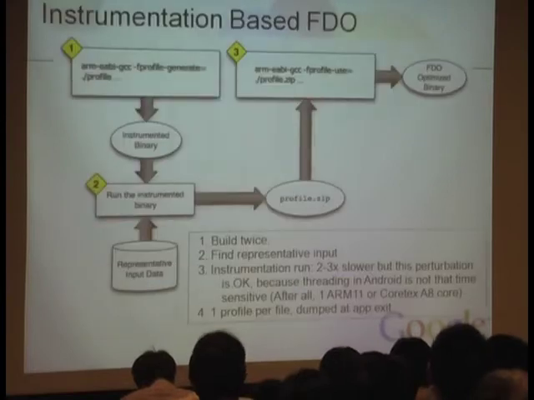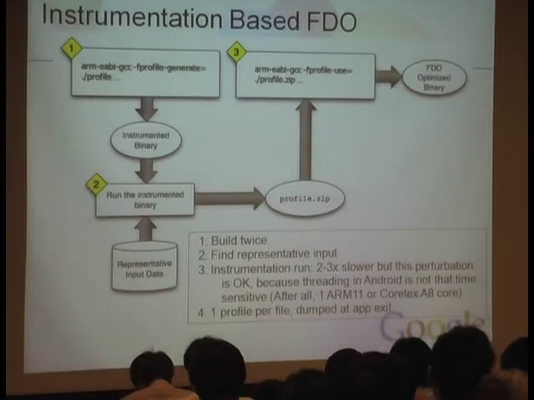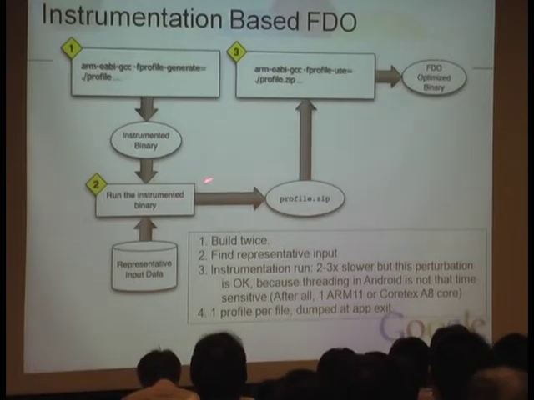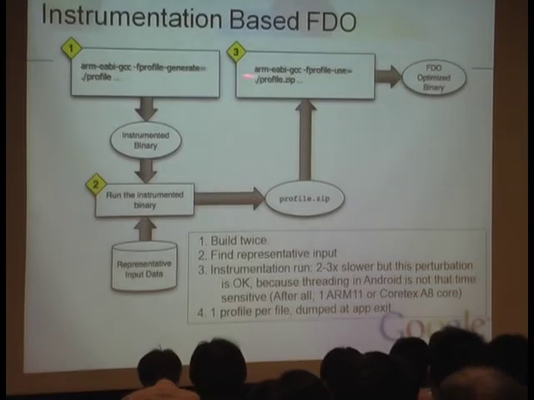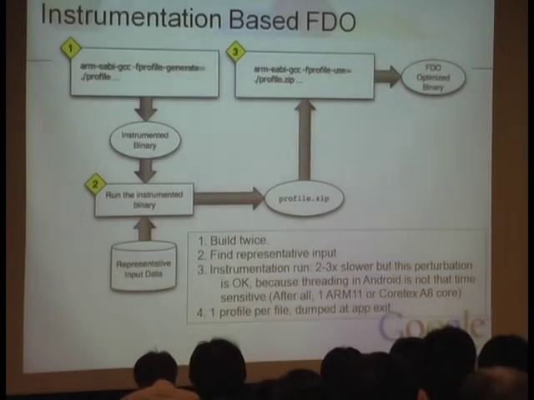So with this illustration, when you try to squeeze more size or improve performance, you can do these 3 steps. Basically, for FDO, you need to build, profile, and then use. So this is the flag you can use today already.